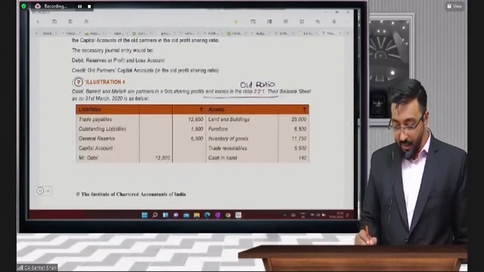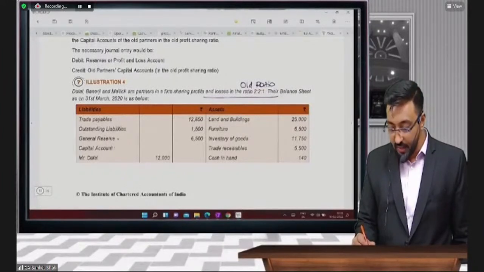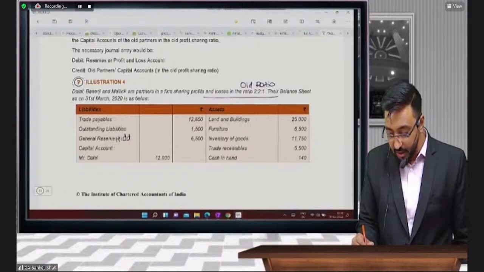Trade payable, outstanding liabilities, general reserve. What are you going to write over general reserves? Sir, hidden adjustment.